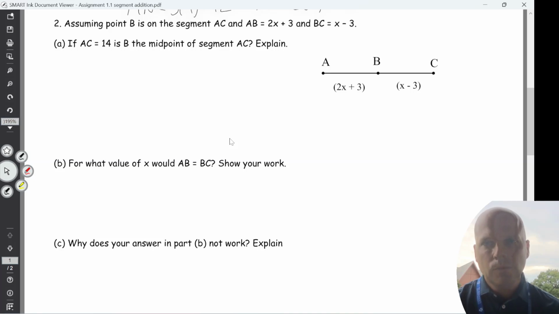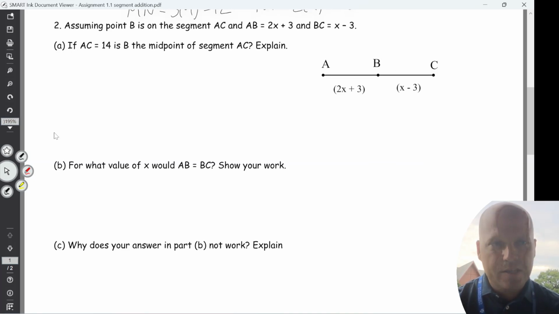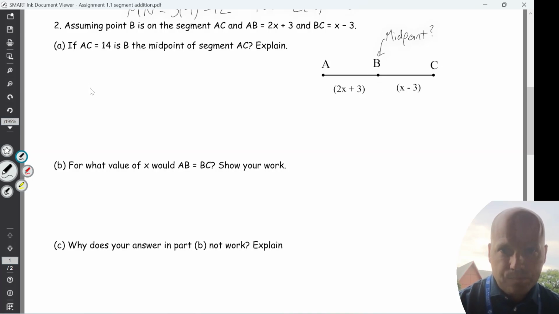Explain. So we're trying to figure out, is B the midpoint? We learned in class that midpoints just means we split the segment in half. So let's try to reveal the lengths of AB and BC and see, will they be equal to each other?